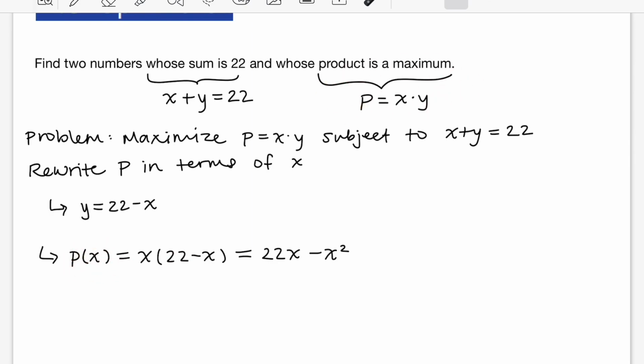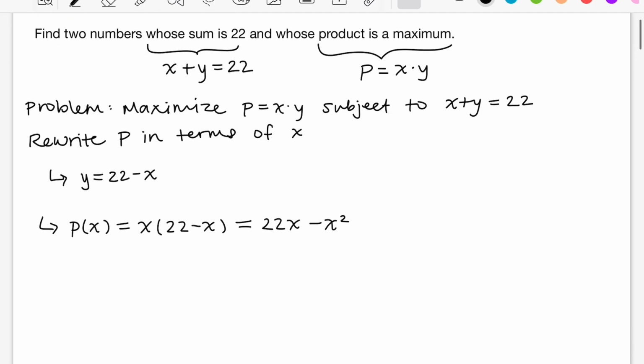What we're going to do is use the methods that we discussed in the last section to do so. We'll see if the second derivative test applies. Remember, if the second derivative is less than 0, so negative, at a critical number, then we know that we're going to have a maximum value.